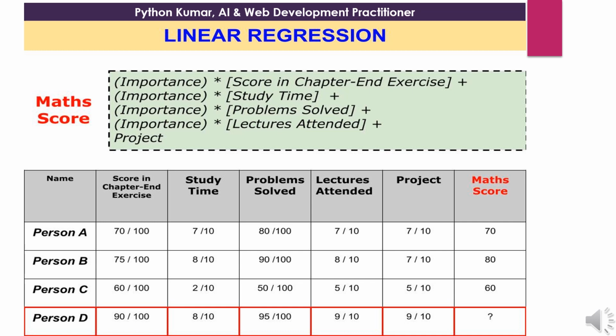These you need to figure out in linear regression. You need to figure out the importance of each of the components, and finally, after figuring that out, you can predict what person D would score, based on whatever you have learned from person A, B, C.